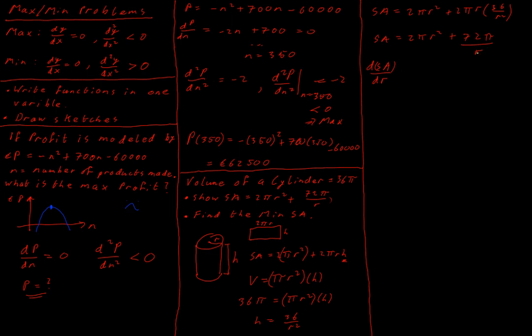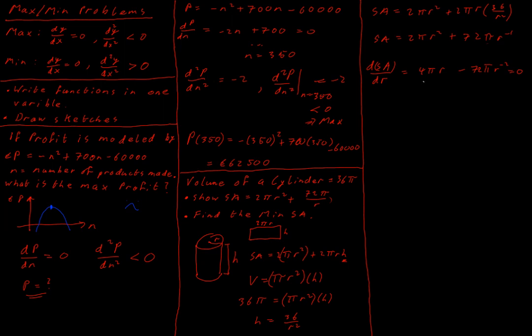I need to change that into my power notation, which I think I'm actually just going to do here. And then I am going to get 4 pi r minus 72 pi r to the minus 2, and I want to know when that is equal to 0.